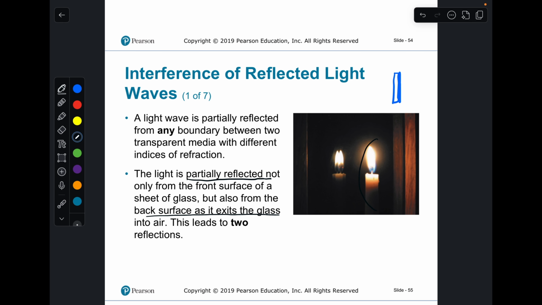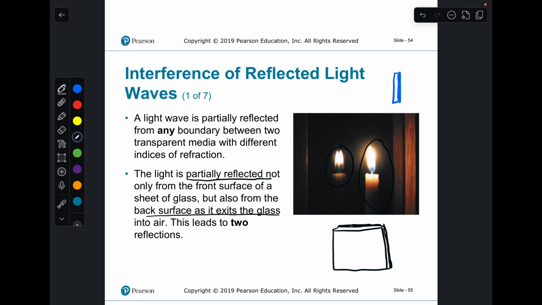You can see here there's a candle in front of a mirror, and the mirror is showing two reflections. Why is that? Well, maybe you didn't know this, but a mirror is actually a piece of glass, a thin one, and on the back of that glass is a coating of aluminum.